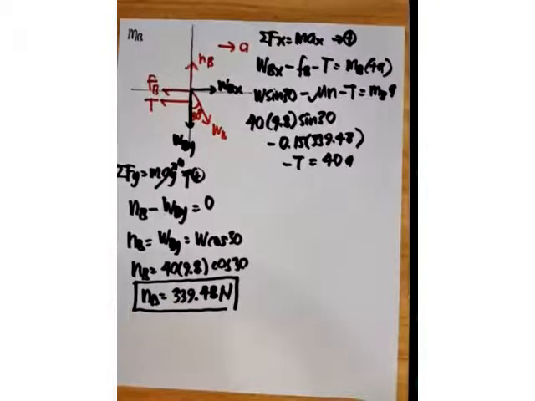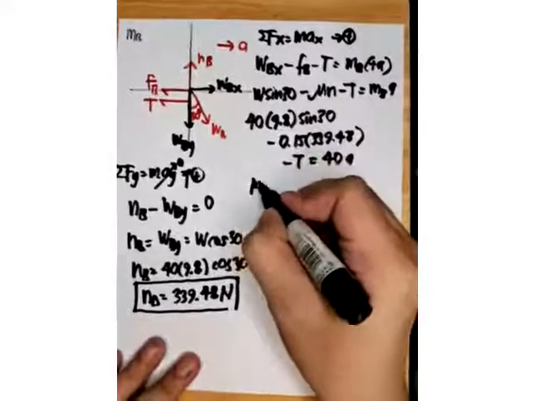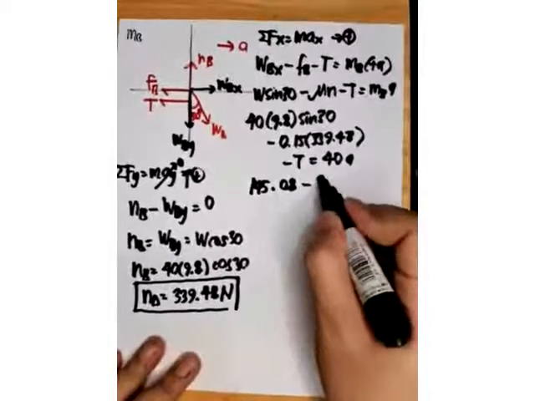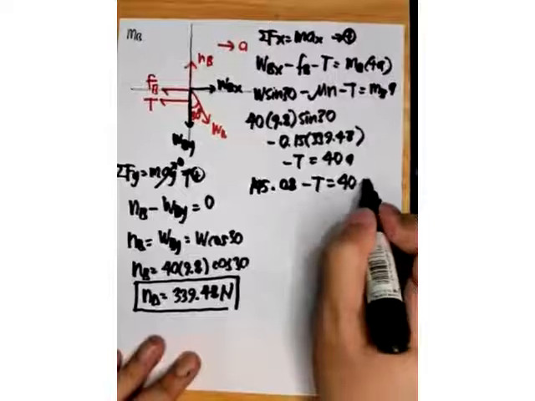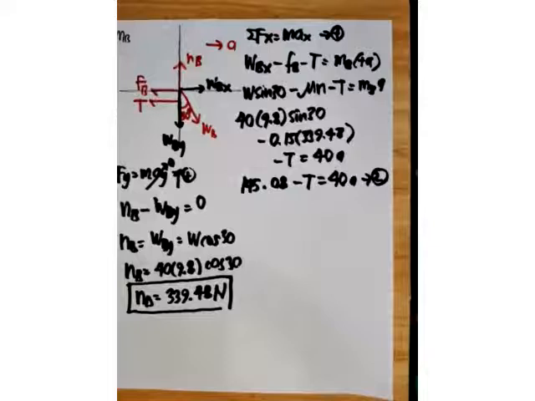Baka mali. 40 times 9.8 times sine 30 minus 0.15 times 339.48. Ayun. Okay, it's 145.08 minus T is equal to 48. So this is our second equation. So tama ba ang na-compute ko? Baka mali?